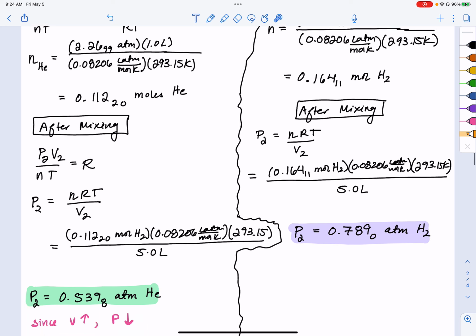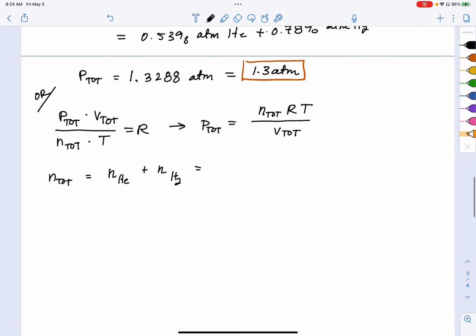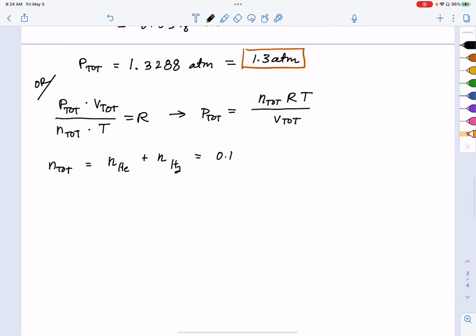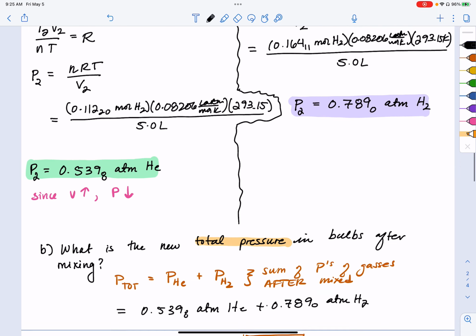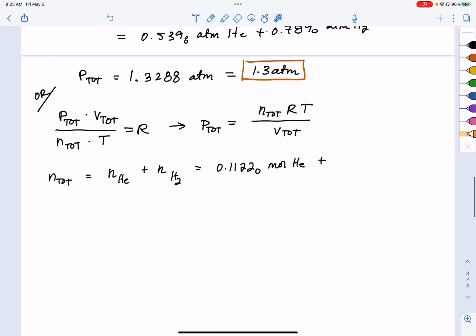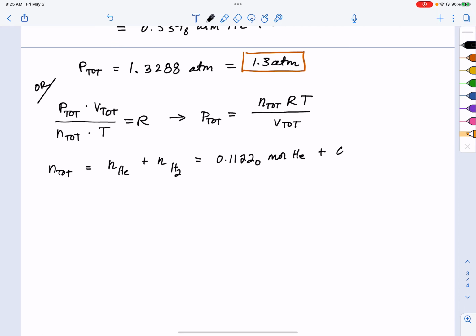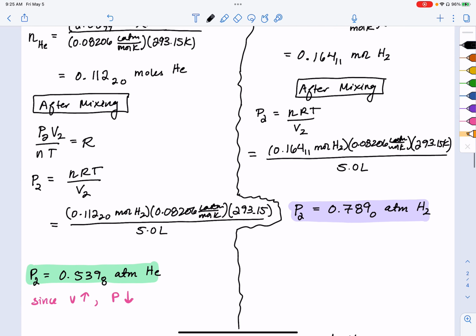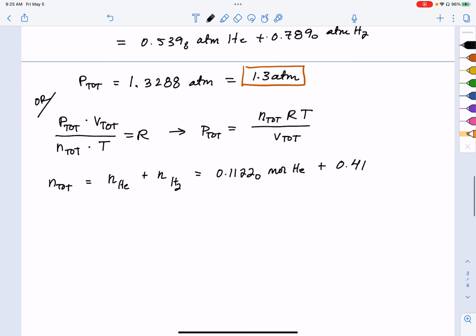So for helium, 0.11220 moles of helium. And then for hydrogen, we had 0.16411 moles. Totally forgot that number as I said it, 16411.